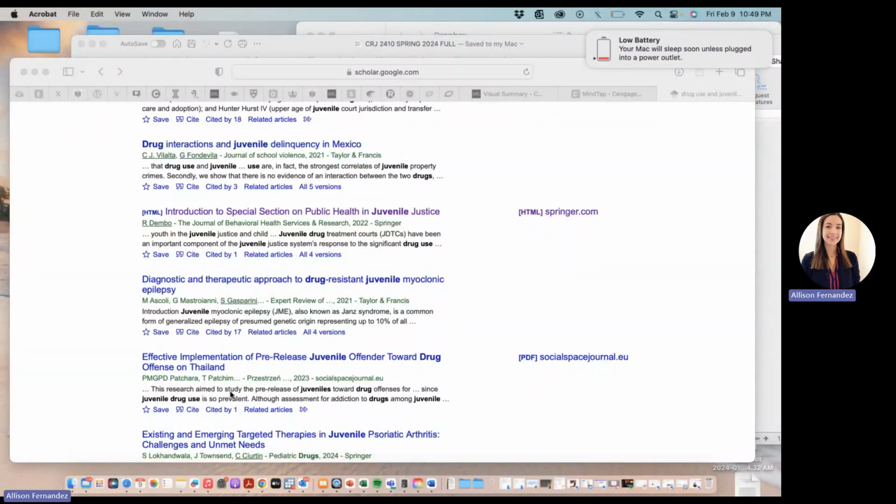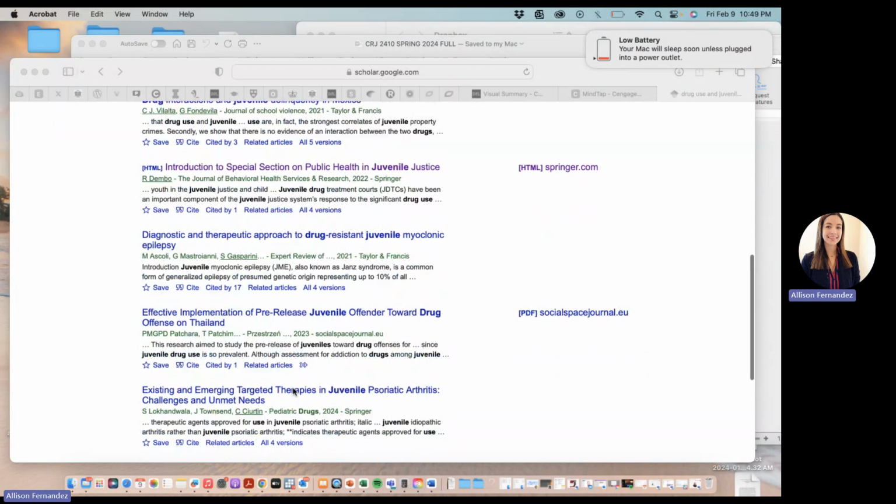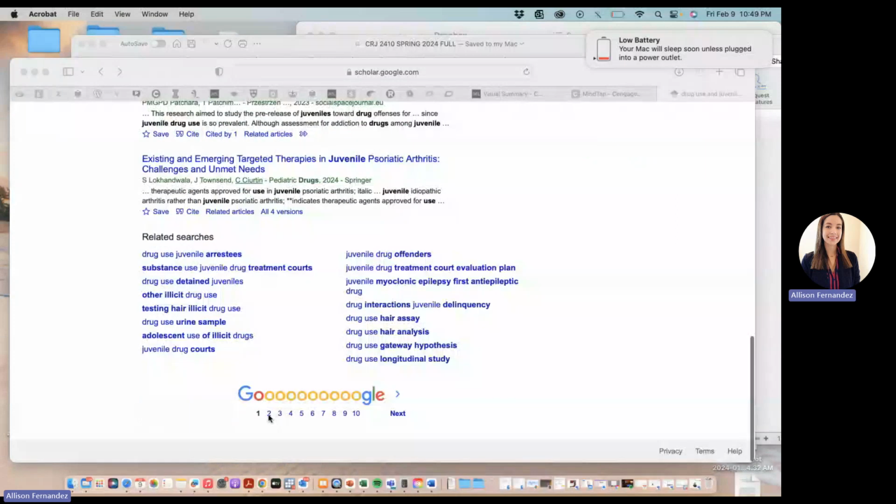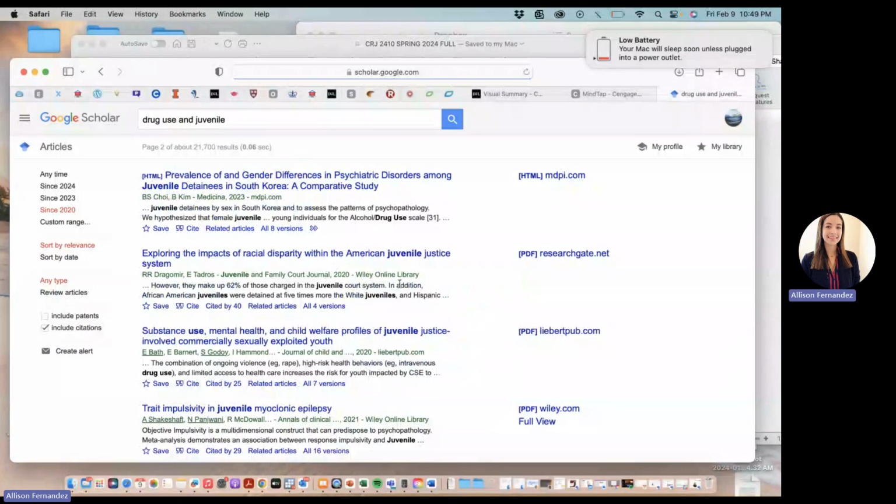All right, these are not good examples, but I'm going to keep going to page 2 until I find one.